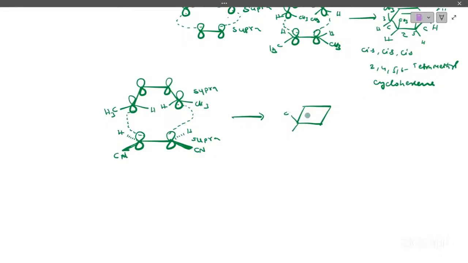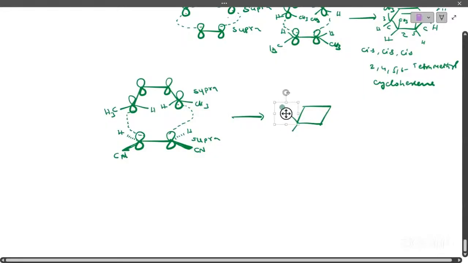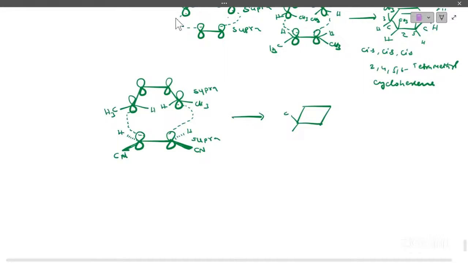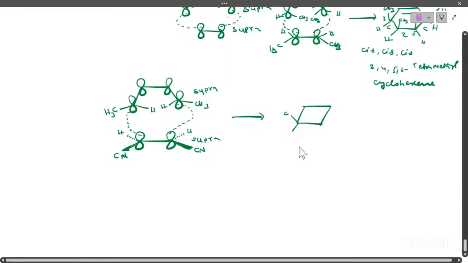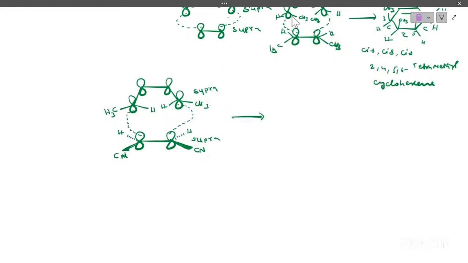Oh, sorry, this is the six-member ring. The six-member ring is the product. Okay, this is the product. Now this is above the plane.